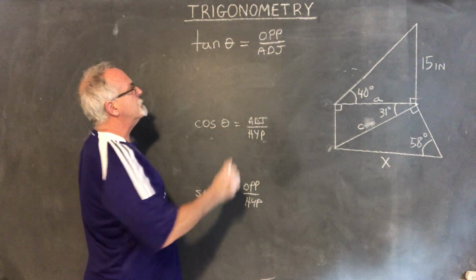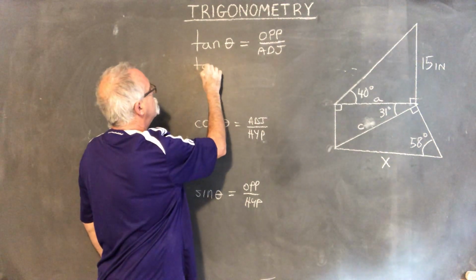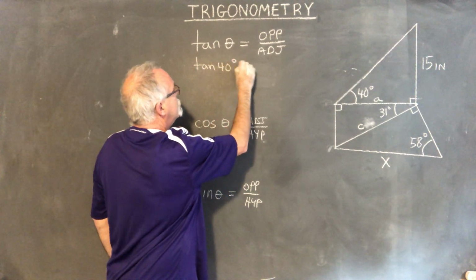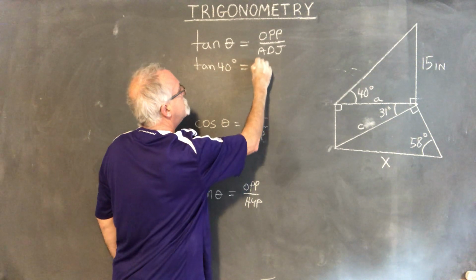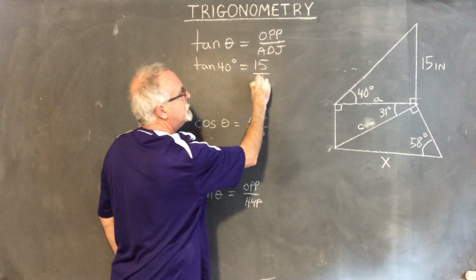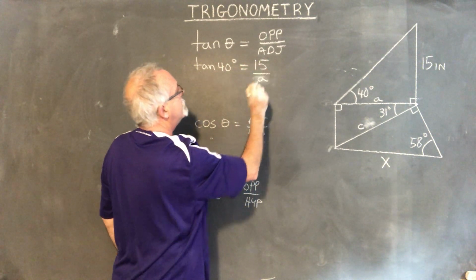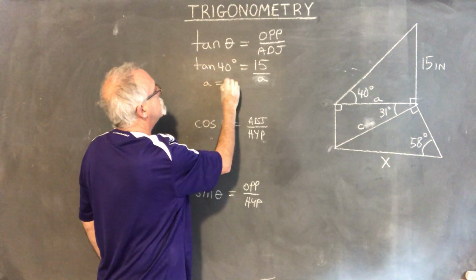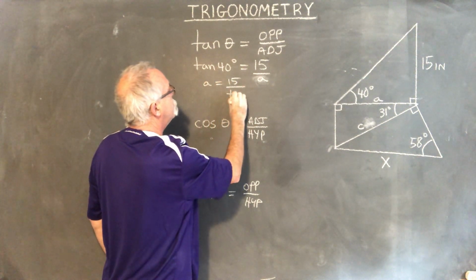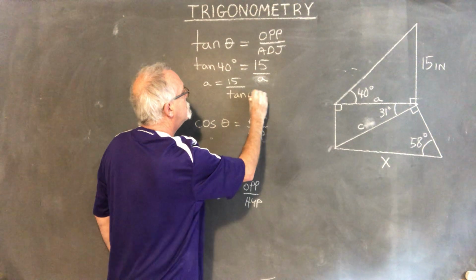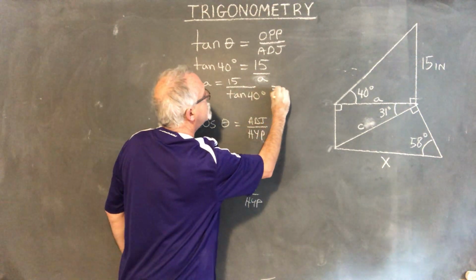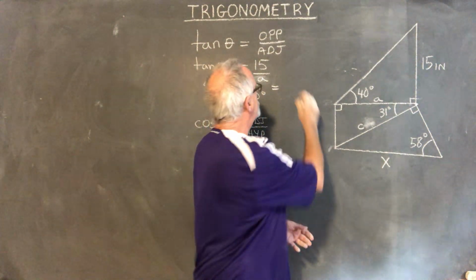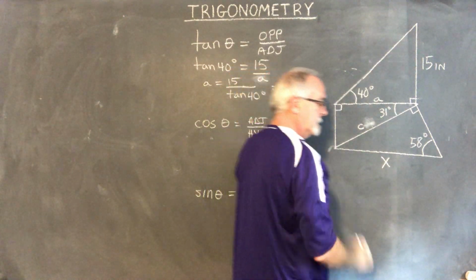Let's just get into it and answer the question. Tan of 40 is going to be equal to the opposite, which is the 15, over the adjacent, which is the A. Aha. So A is going to be equal to 15 divided by tan 40, which is 15 divided by, what is the tan of 40?